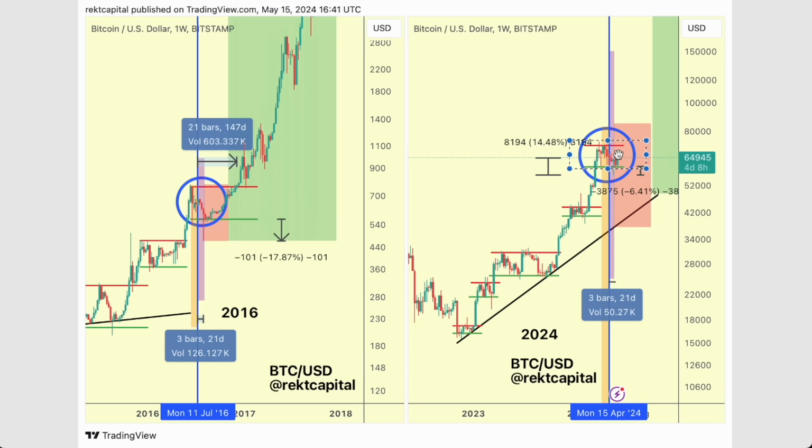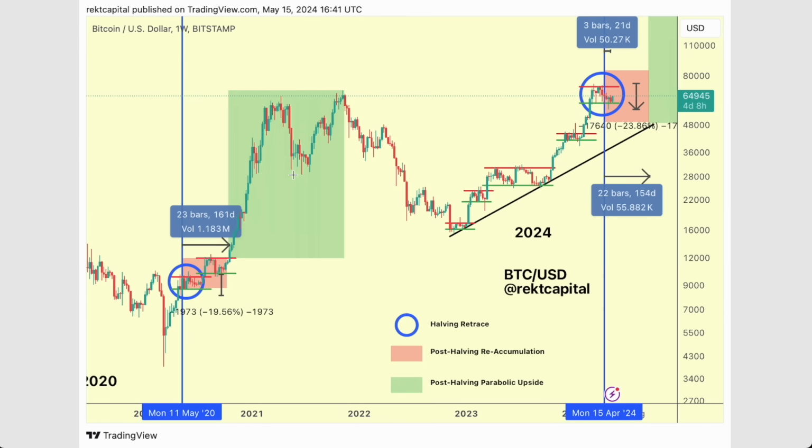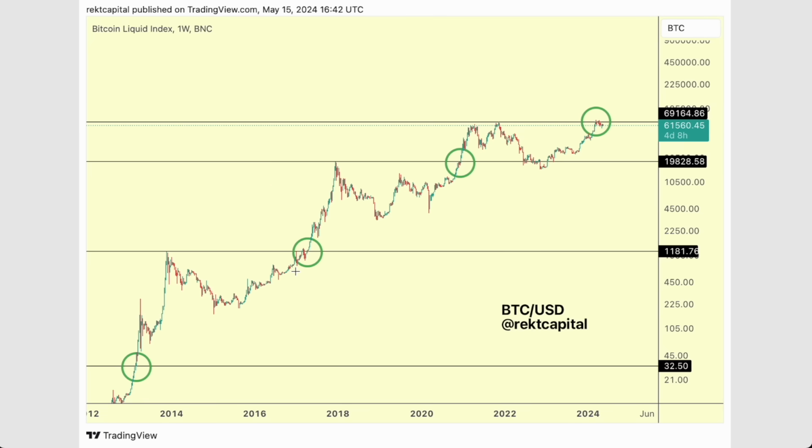But also, this is really healthy because we tend to see this sort of healthy price behavior in the post-halving period take place. We've seen it in 2016 and 2020. Sideways reaccumulation is the name of the game, and it's part of the process.